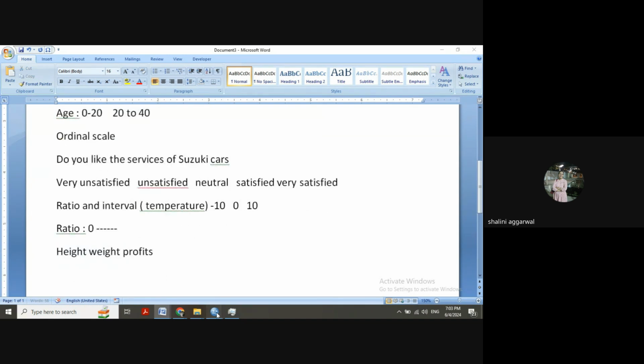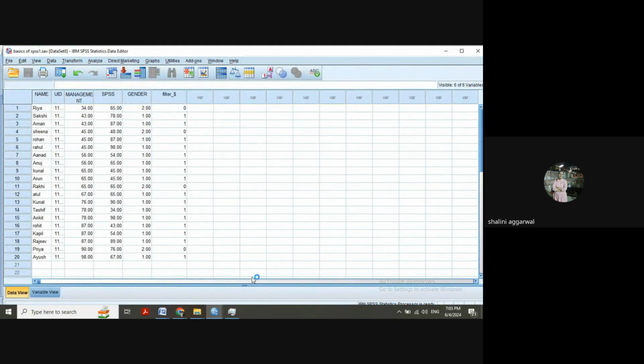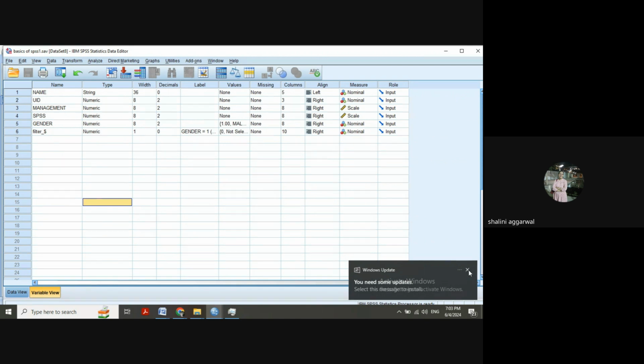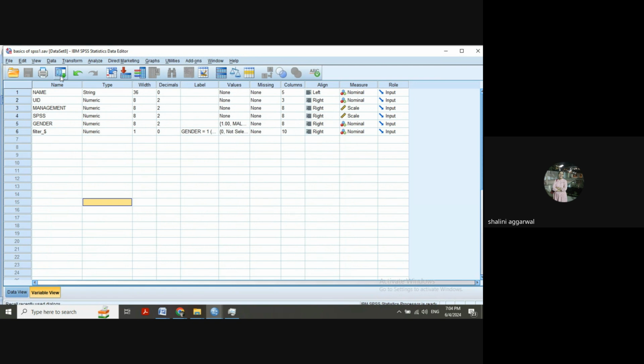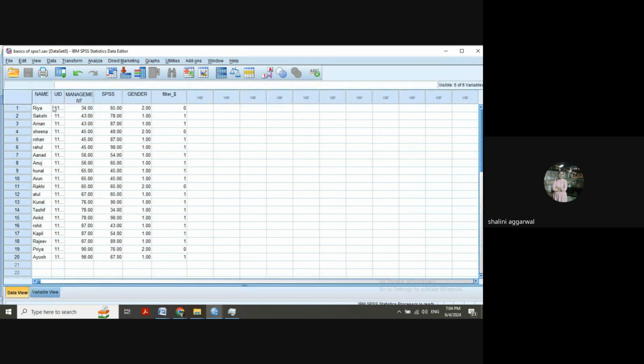Another topic that we talked about was the basics of SPSS, right? And why do we use SPSS? So I told you this is one view of the SPSS. You can see here variable view, where you define the variables, right? You define the variables over here. And this is the next view that is called the data view. Once the variable has been defined, it comes here on the top, and then you fill the data row wise.